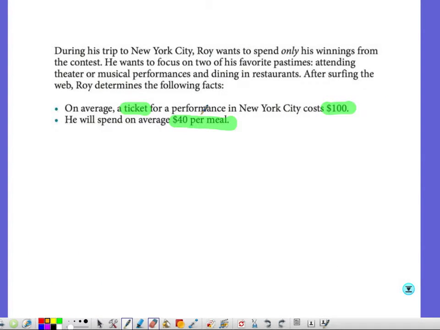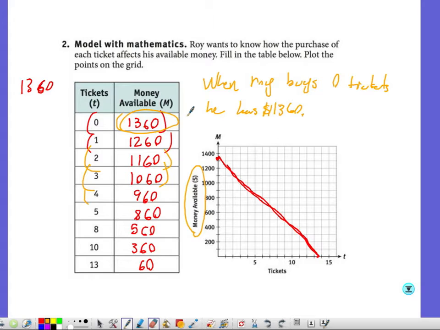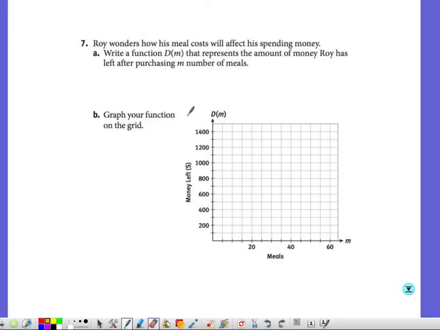We're looking at meals, and remember, meals cost $40 per meal. So it is important to take into account how much a meal costs, and this time we're using the function notation d of m, where m stands for the number of meals and d probably stands for dollars.